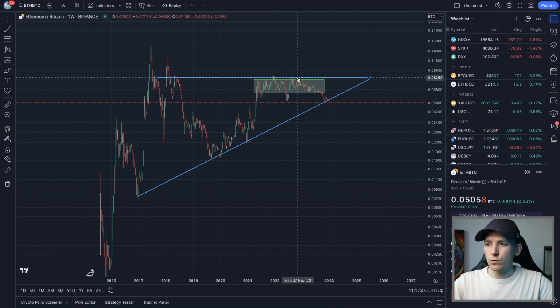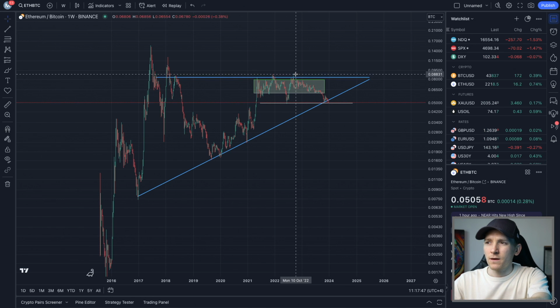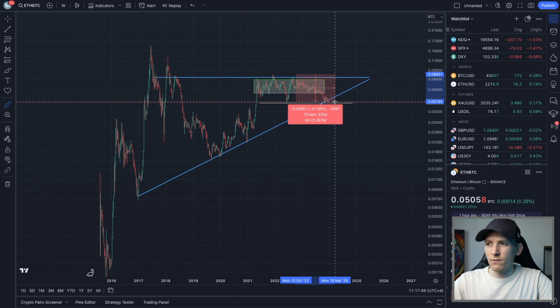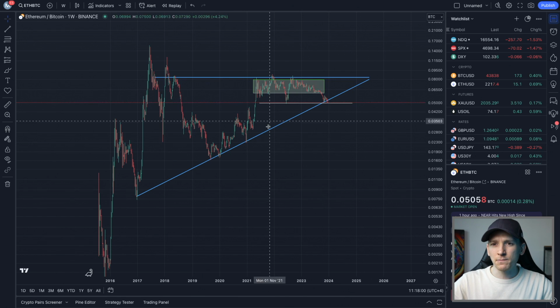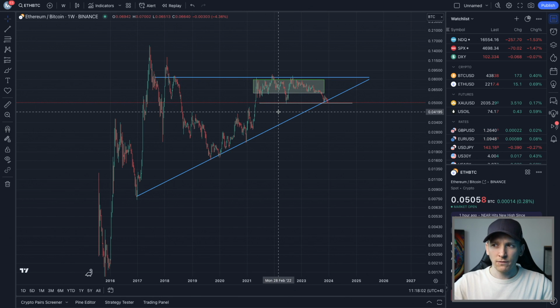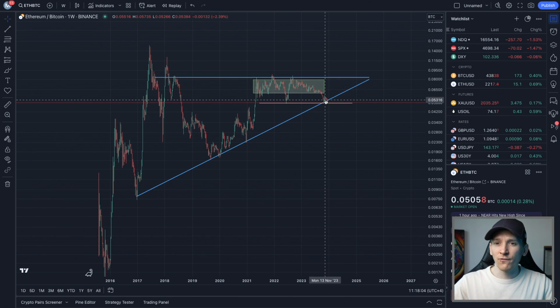You're seeing that move over the last year. Ethereum moved versus Bitcoin around 40%, right? So it underperformed Bitcoin by about 40%. Now, bear in mind, Bitcoin has moved 150% or something like that. So this percentage move between Bitcoin and ETH is far less volatile than the actual price movements themselves.